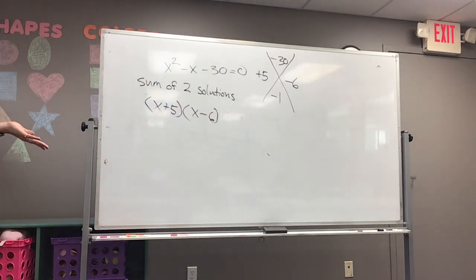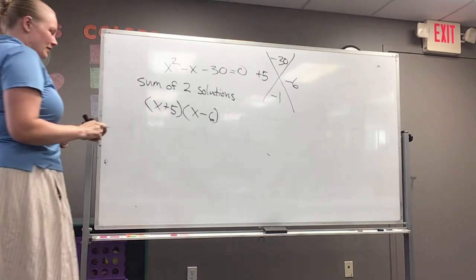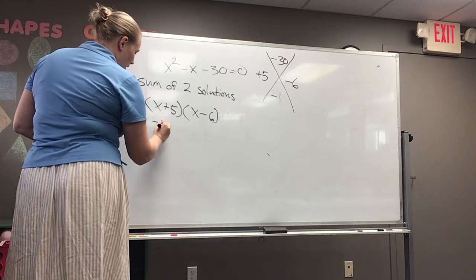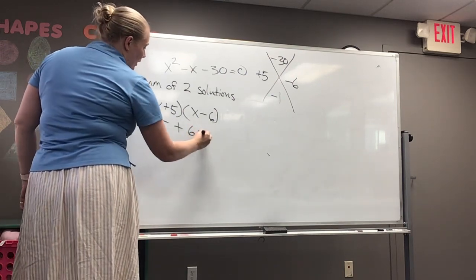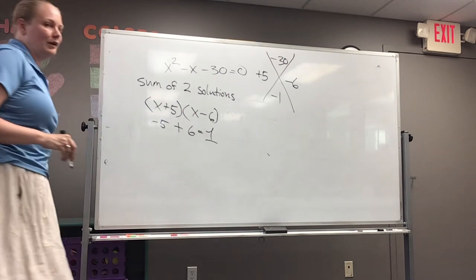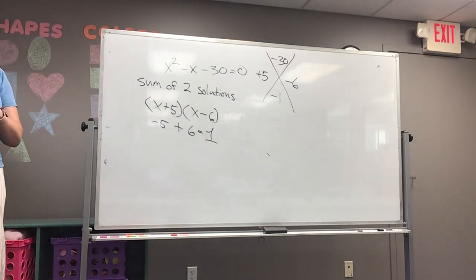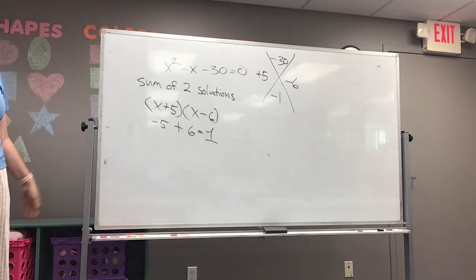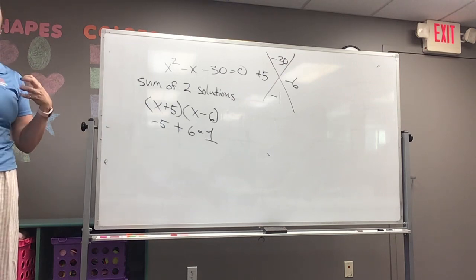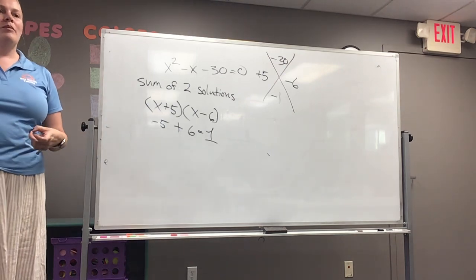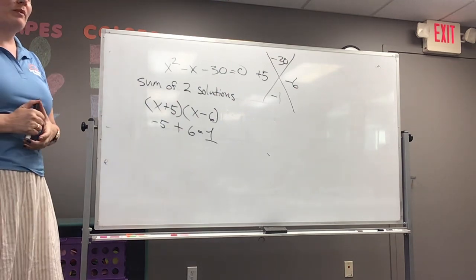What are our two solutions? X equals -5 and x equals 6. We have -5 and positive 6, and if we add them together, we get positive 1. One of the false answers that they will give you, and it will drive you crazy because you will know it's right, but then because you're trying to hurry, you'll mess it up.